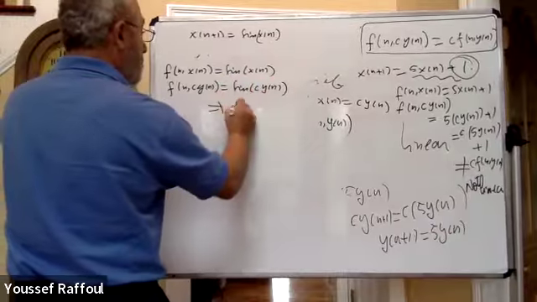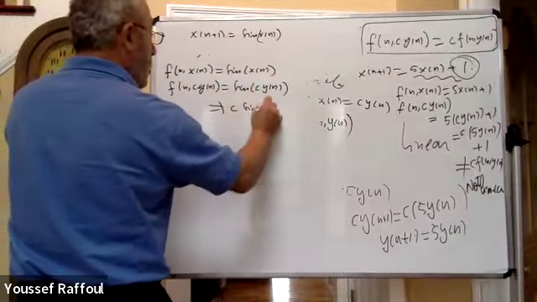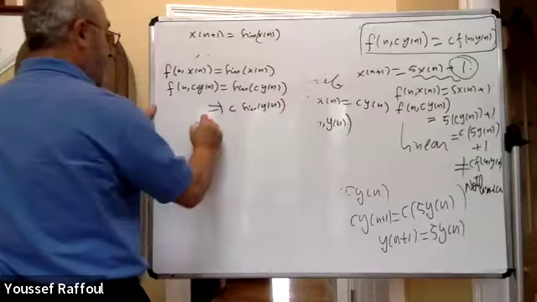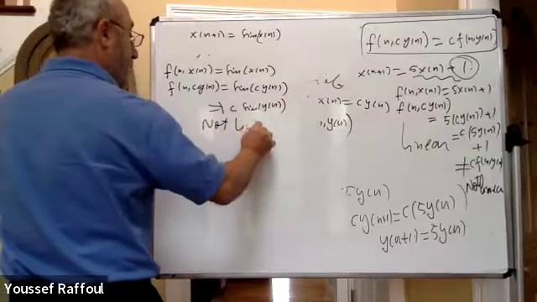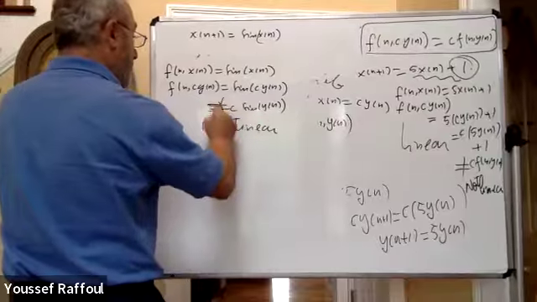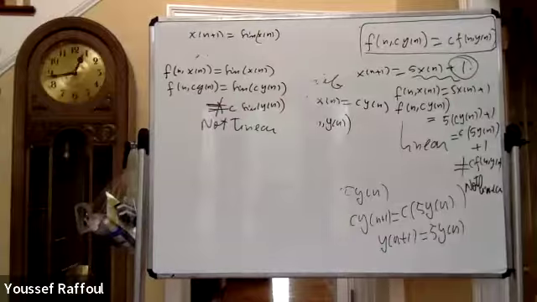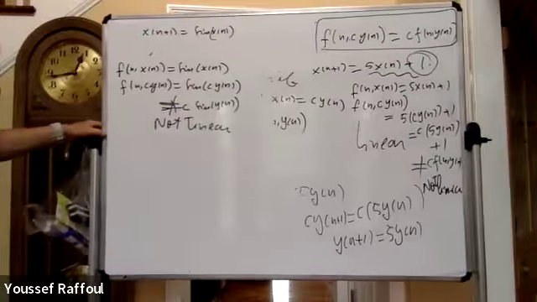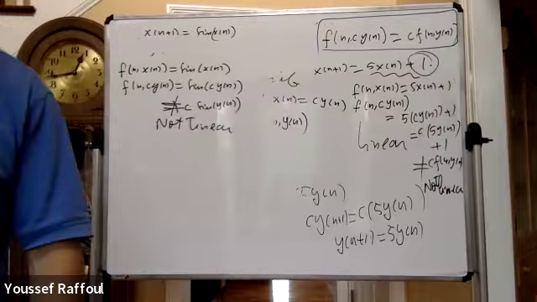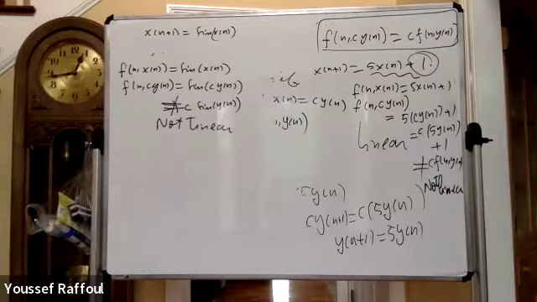That is different from c sine y_n, so not linear. Okay, not linear again. All right. So these are some examples of linear and non-linear.